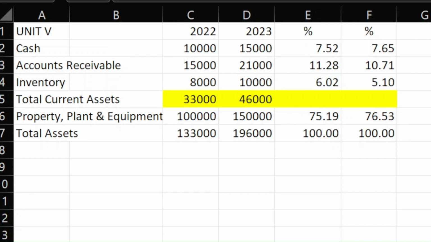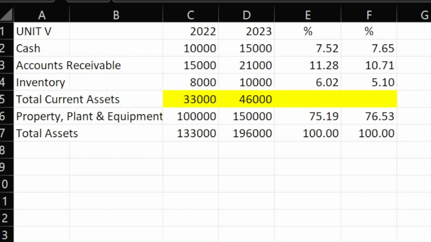So what I said, cash earlier year in total assets 7.52%. How much it is in 23? It is 7.65. This slight change increased. And whereas accounts receivable 11.28 in the total asset, but now it is 10.71 only. So it is slight decrease.